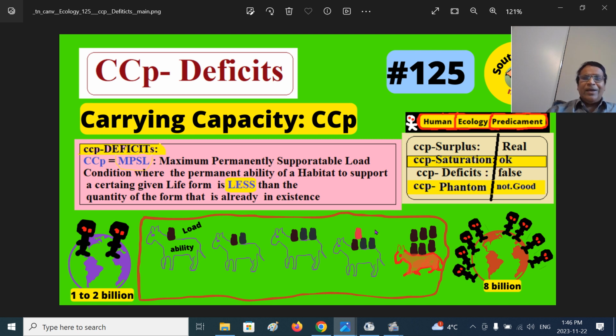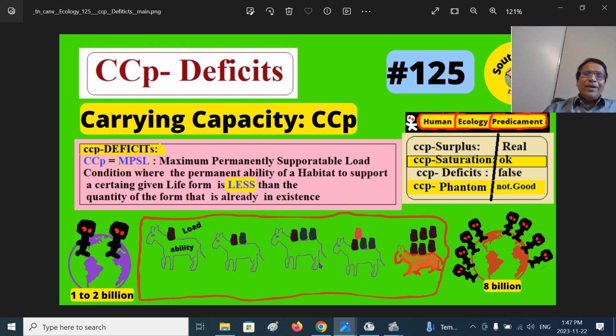If you put a fourth bag, you see the red icon here, it doesn't have the ability. We can say it is suffering from carrying capacity deficits. It may walk for a couple of hours, then it gets exhausted and collapses. You put more bags here, it is called complete collapse. That means there is no more ability for this donkey to carry those bags and it cannot do it anymore.